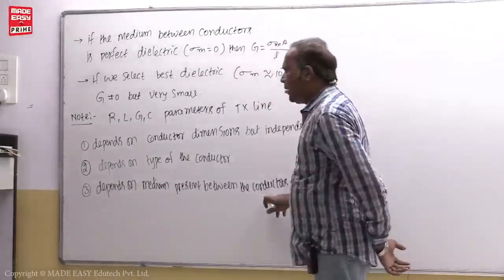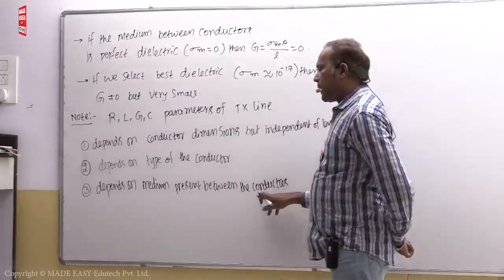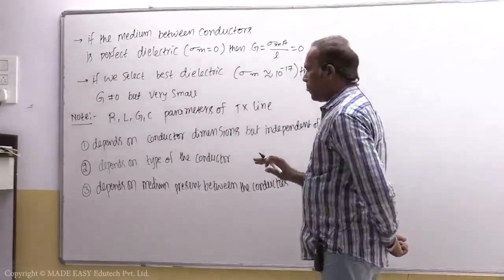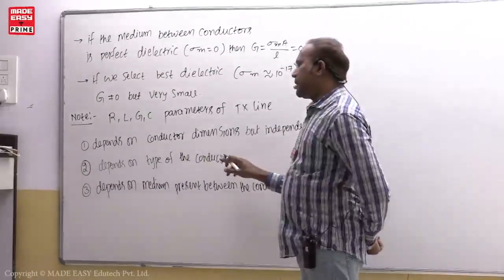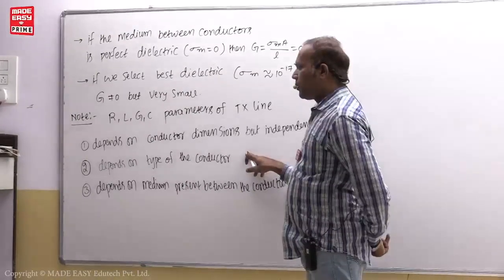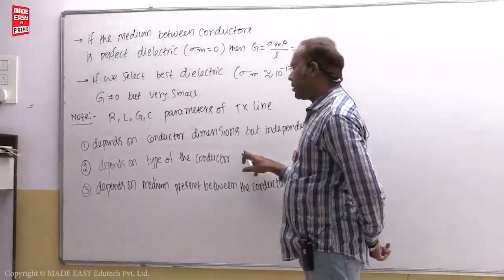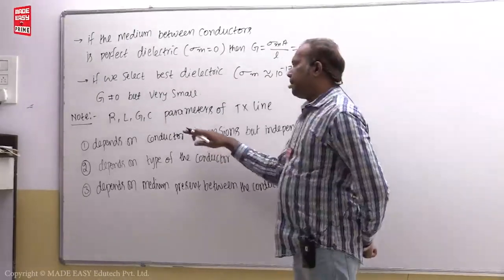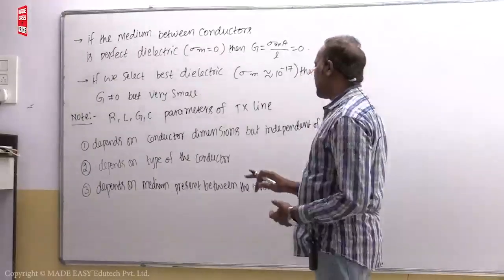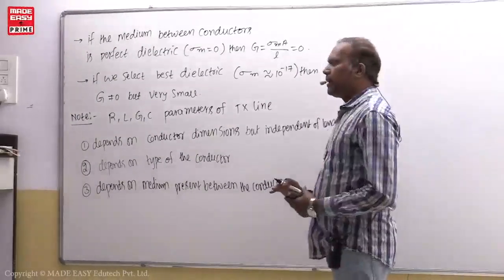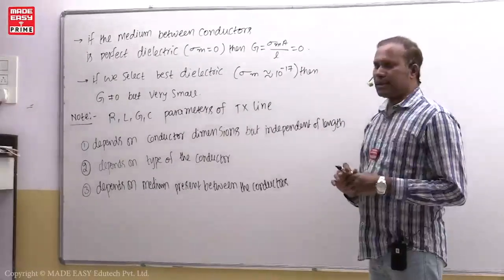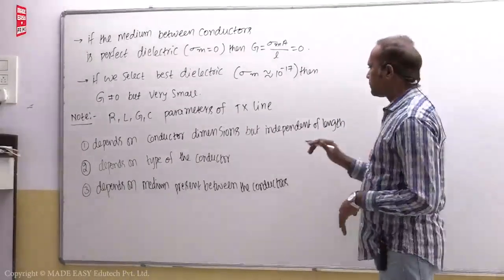For example, students, G and C parameters are calculated for the medium, and R and L are calculated for the conductor. For example, resistance is 0 if we select a perfect conductor. Resistance is not 0 if we select a good conductor, that is the type of conductor. Then they depend on the area of the conductors, that means dimensions, but are independent of length, because we are calculating these parameters per meter length, that is why.